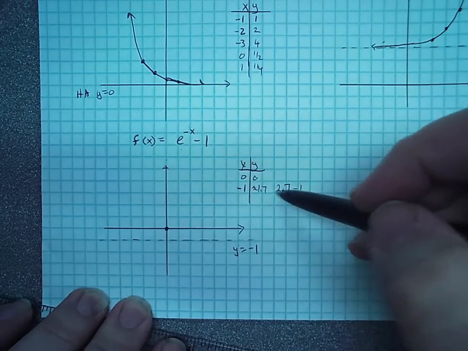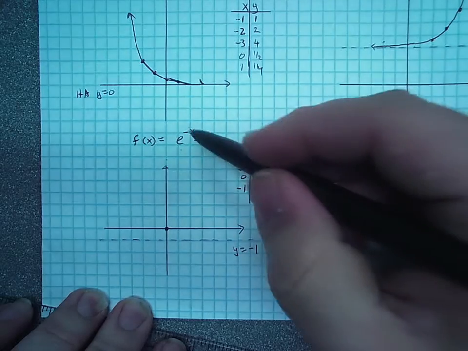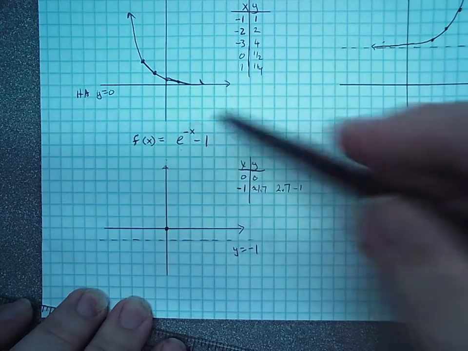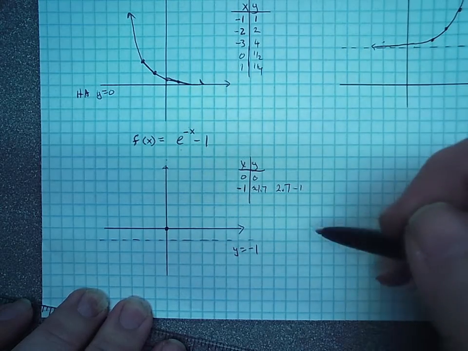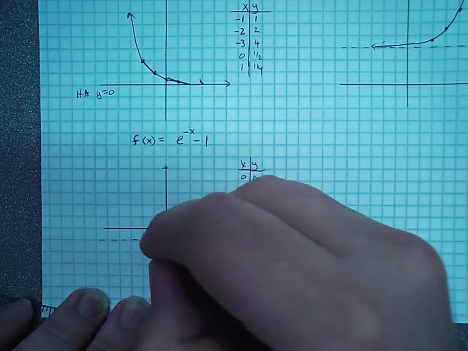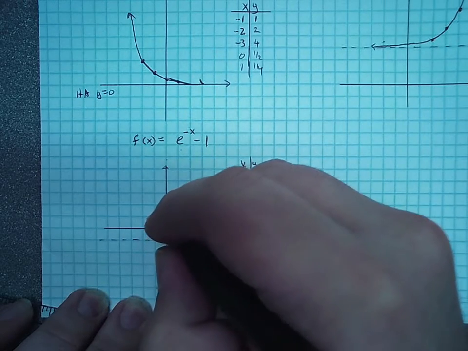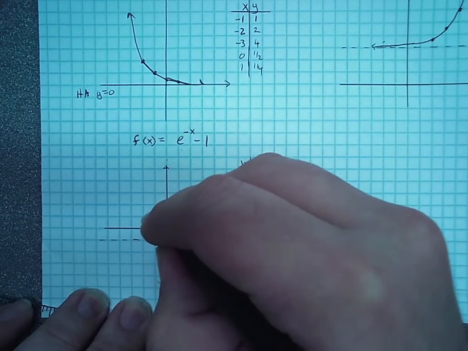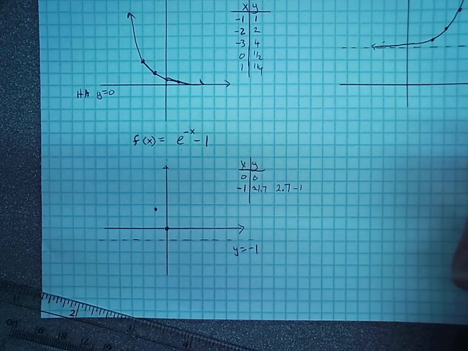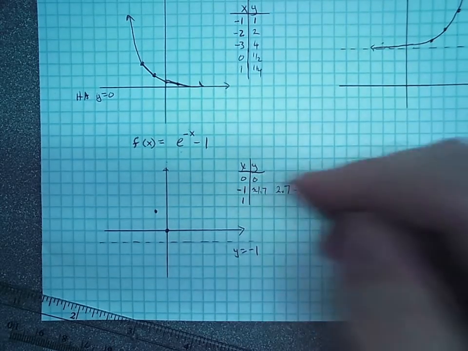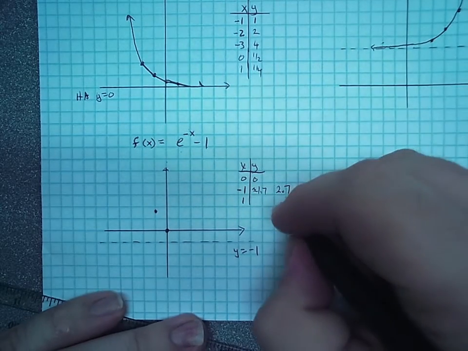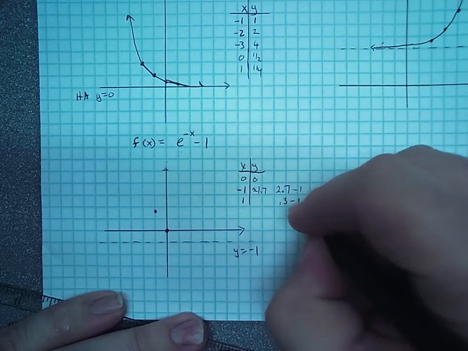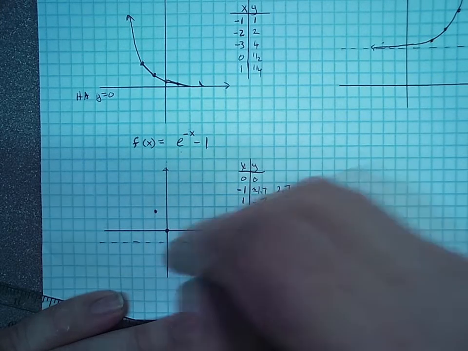So using 2.7 as sort of your estimate, and then strategically picking the values for x that will make it easier to evaluate, negative 1, 1.7 is going to really help. Now 1 over e you can approximate at about 0.3. So when I subtract 1, I'm going to get negative 0.7.